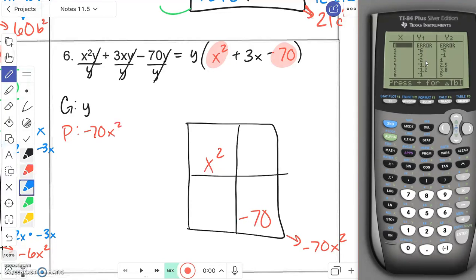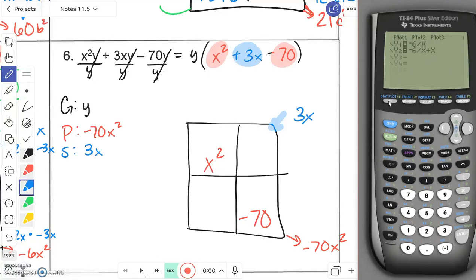And then my sum is my b value, so 3x, positive 3x. I go back to my calculator, and I want negative 70, I'm going to have to write the whole thing, divided by x and negative 70 divided by x plus x.